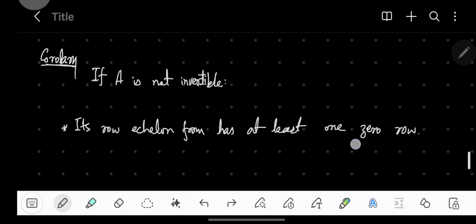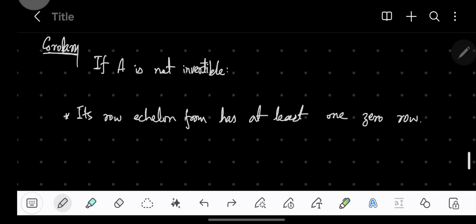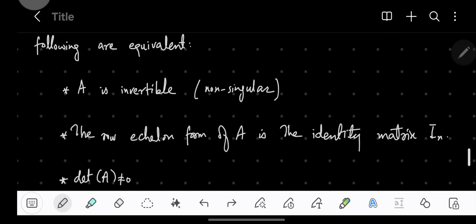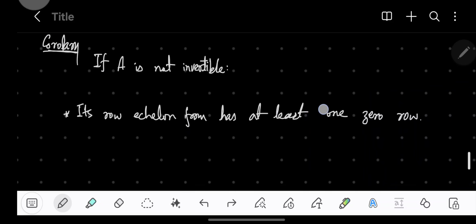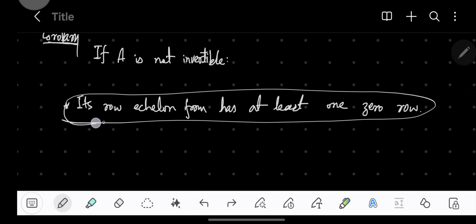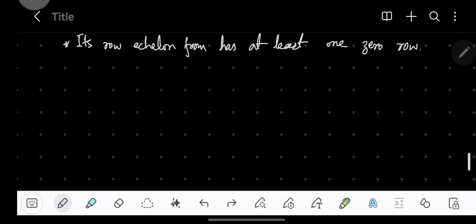So previously, when we were talking about the invertible A, we were saying that the row echelon form of A was the identity matrix. So the identity matrix is the matrix in which there is no zero row. But here the row echelon form of A must have at least one zero row because A is non-invertible.